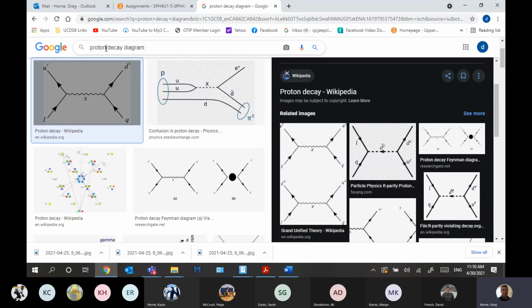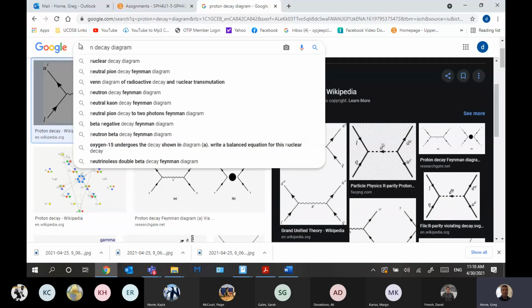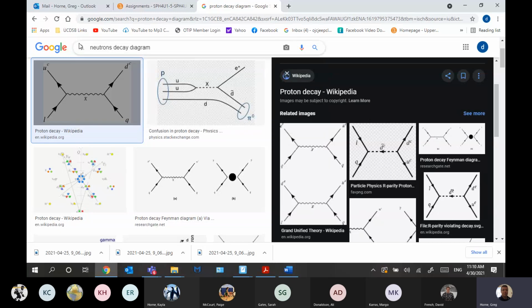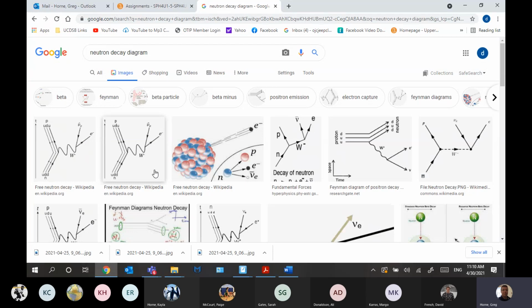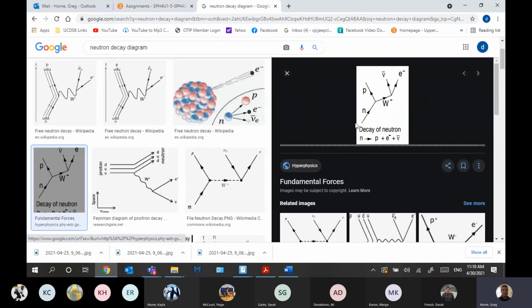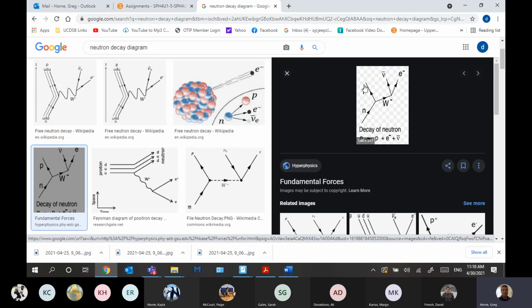Let's go with neutron decay, because this is the one that is related to isotopes, which you're familiar with. This is the neutron decay diagram. A neutron decays to be a proton, an electron, and a neutrino, right?